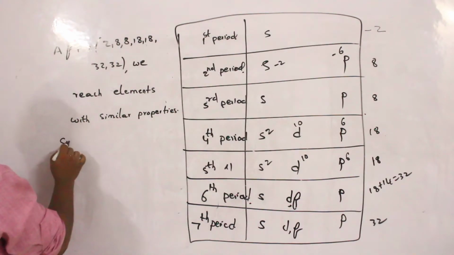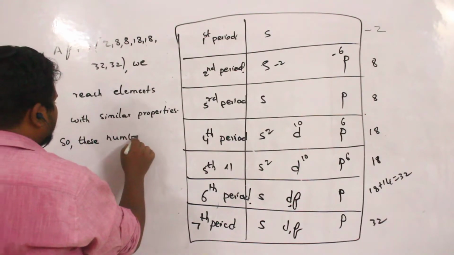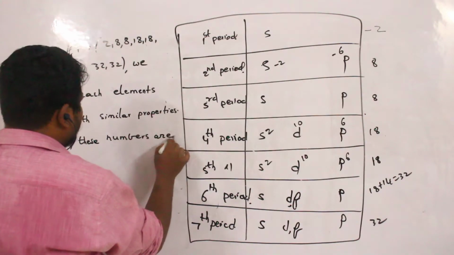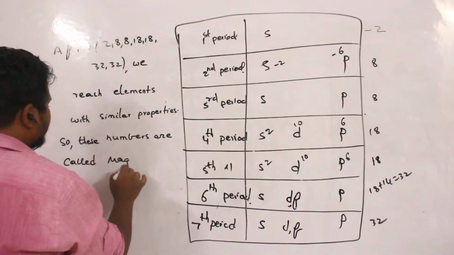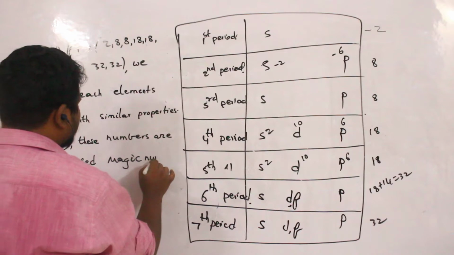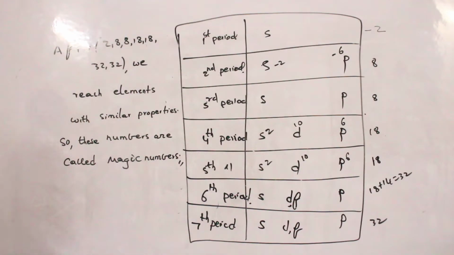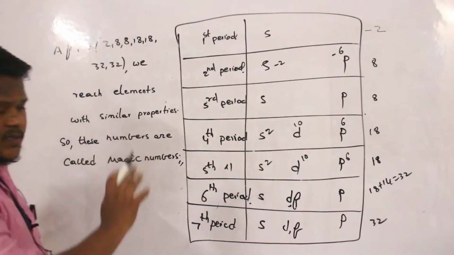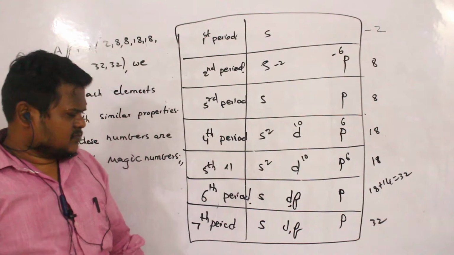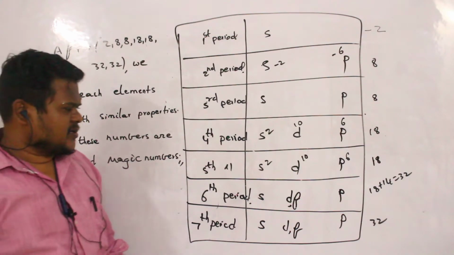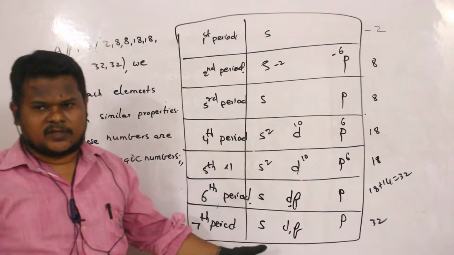So these numbers are called magic numbers. So this is about the basic construction of the modern periodic table. Now, tomorrow we will draw the modern periodic table, and we will try to study some of the characteristics of this modern periodic table.